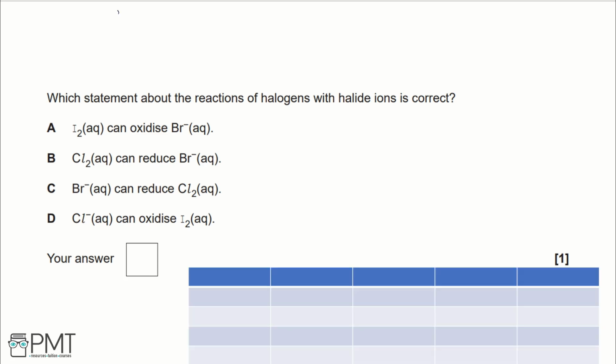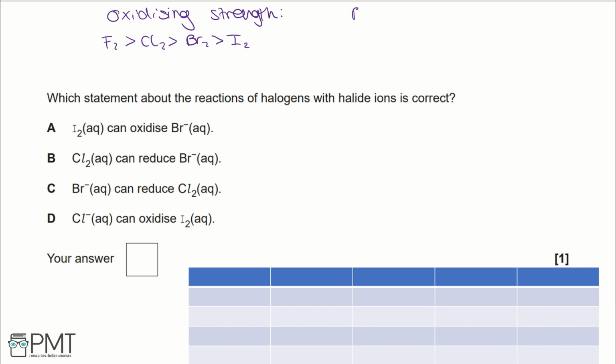In order to answer this question, we need two pieces of information. Firstly, we need the oxidizing strength of our halogens. So the strongest oxidizing halogen would be fluorine, and then it goes down as you move down the group. So we have chlorine, then bromine, and then finally iodine.